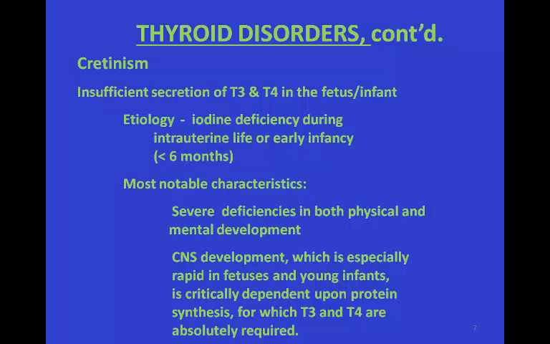The most rapid degree of brain development, though, is in the young child, and so thyroid hormones, T3 and T4, are necessary for the cells to produce proteins, and the development of the central nervous system is so critically dependent on protein synthesis.